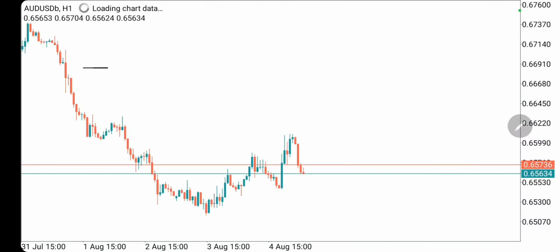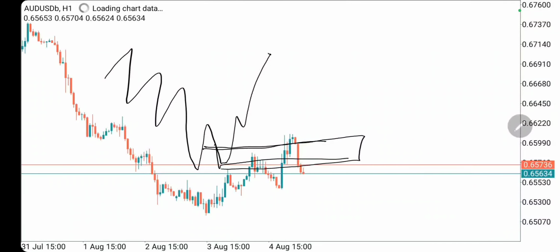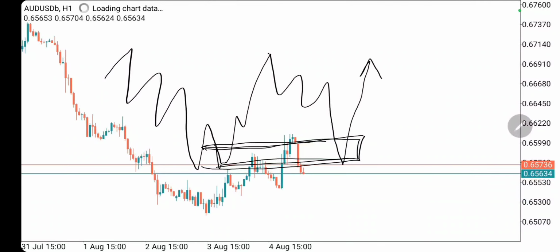A demand zone is like this. The market bought up, so we are expecting that when price comes back to the zone right here, the market is going to reverse to buy.